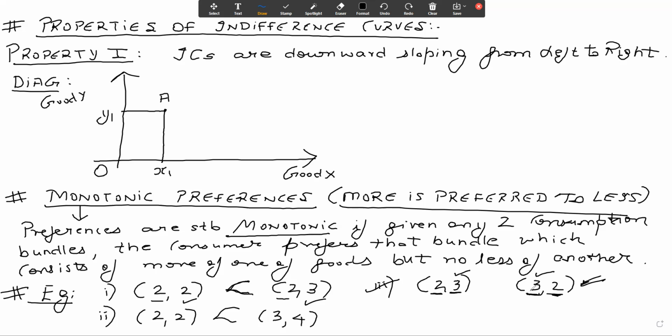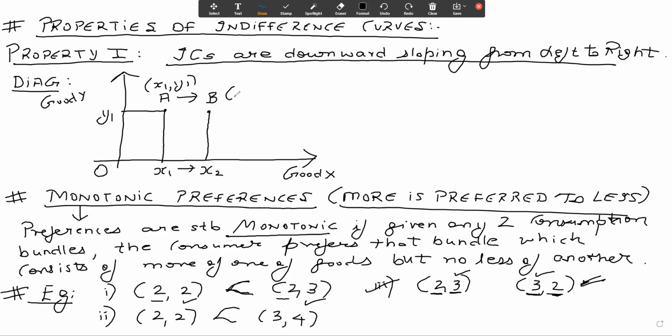So guys, how can we use monotonic preferences to explain why indifference curves are downward sloping? Look at this now. Suppose from point A, I move to point B. At point B, I have more of one of the goods, but no less of the other. The coordinates of point A are (x1, y1).